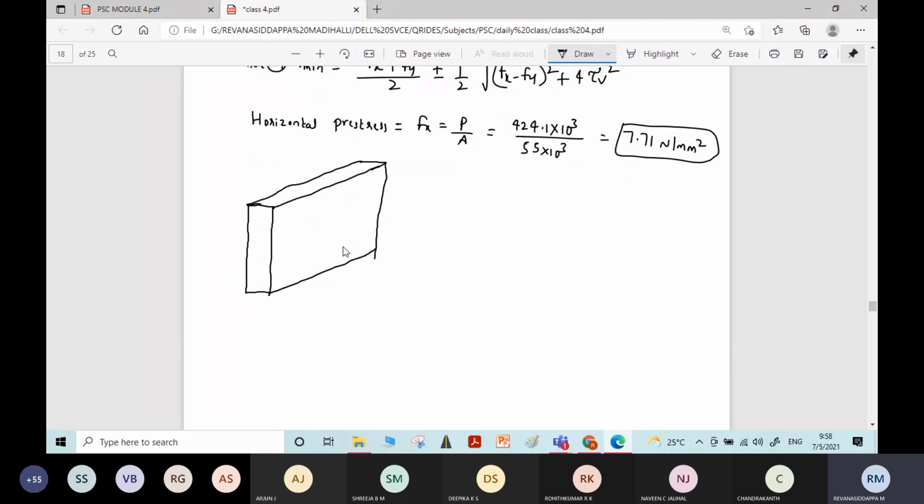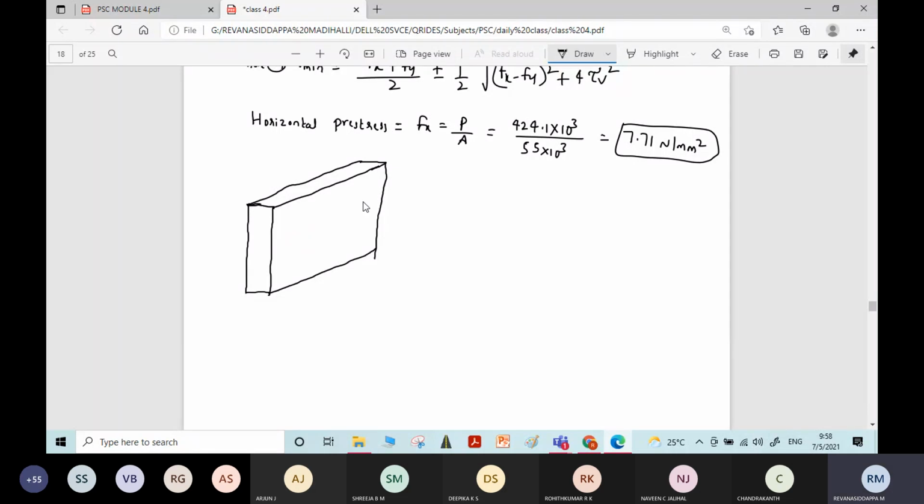Here I have drawn the web of the beam, just the web of the beam. Flanges are not drawn.